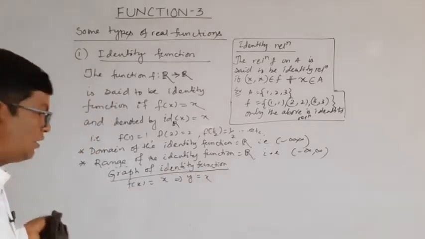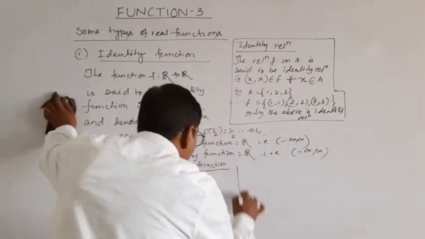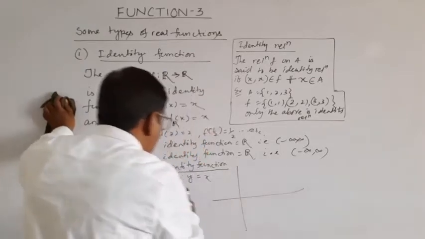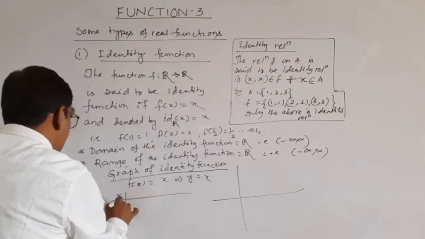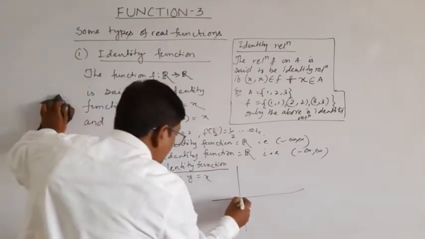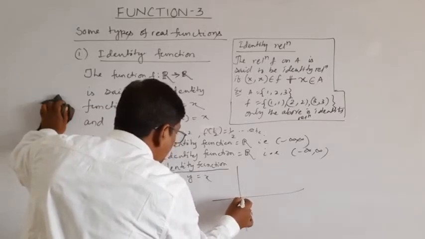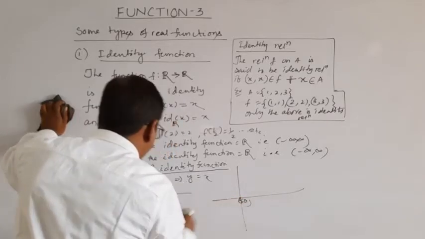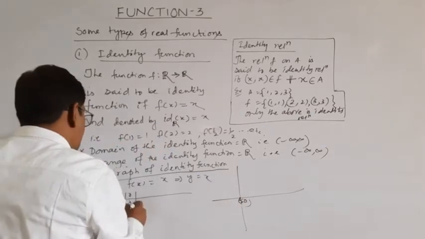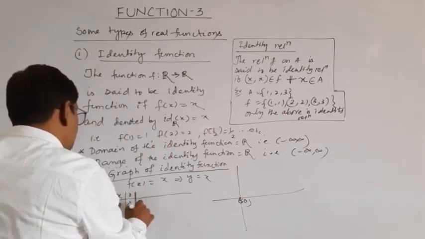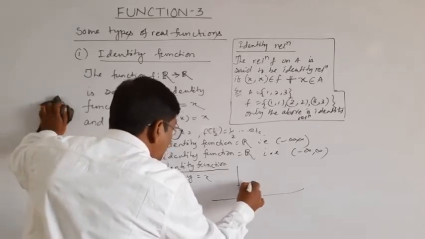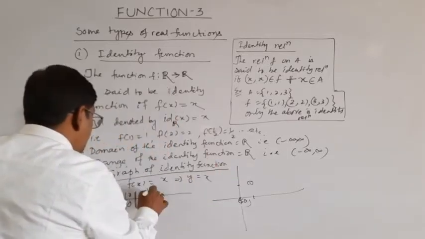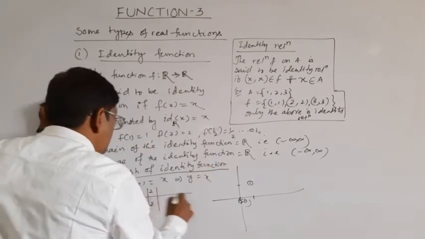Y is equal to x, and its graph is like this. This is x and this is y. Suppose x is equal to 0, y equal to 0. So the point is (0, 0), the origin. And x is equal to 1, y equal to 1. X is equal to 2, y is equal to 2.